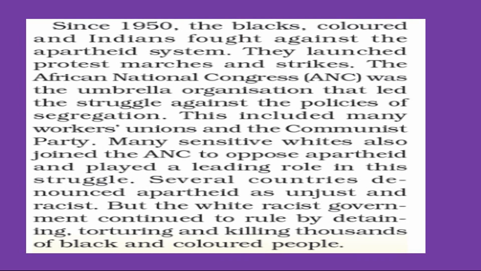And once it was withdrawn, Nelson Mandela became the president of South Africa. And what is the beauty of Nelson Mandela? Even though he suffered a lot, if he wanted, he could have taken vengeance, revenge, but definitely he did not do that.